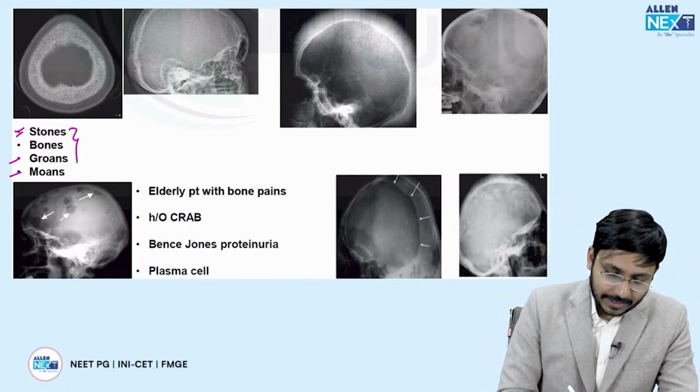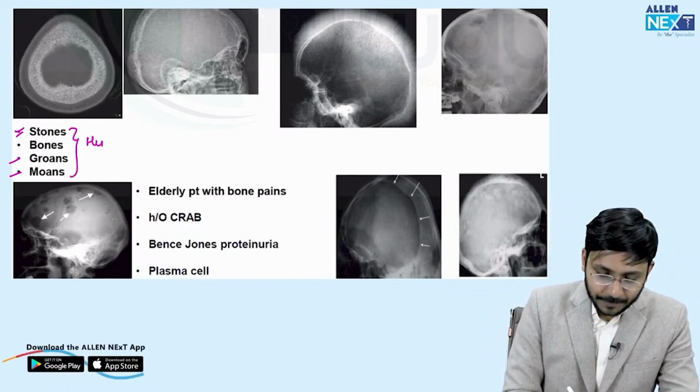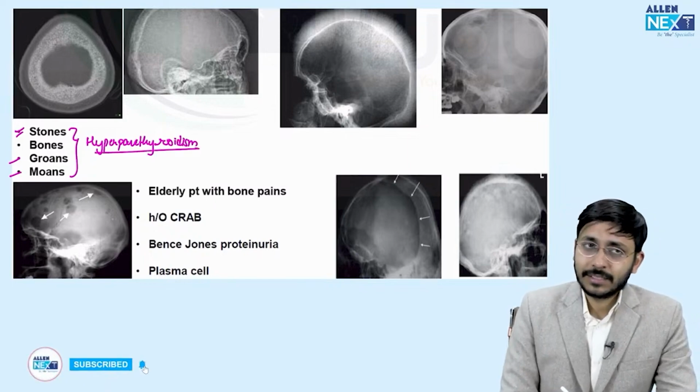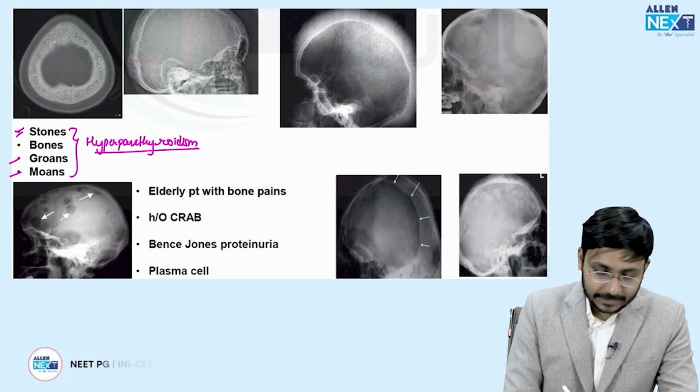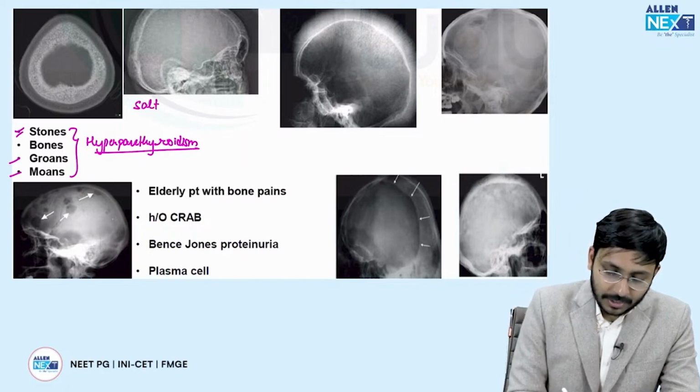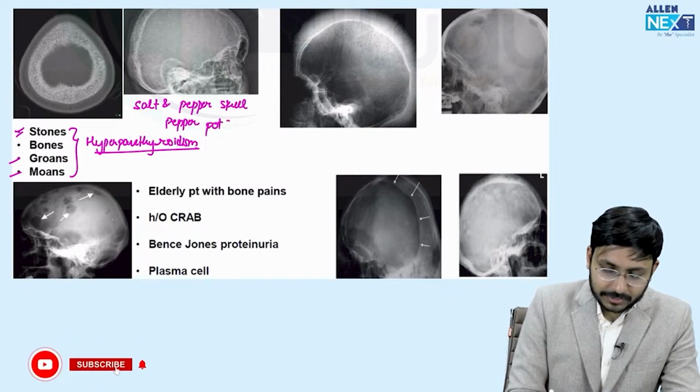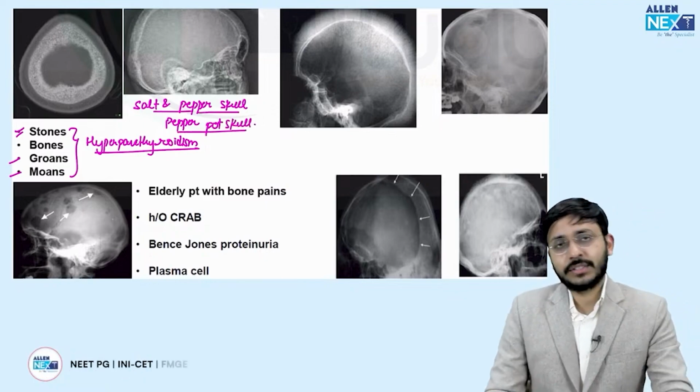So these are typical features which are described for hyperparathyroidism. And what is the appearance of skull that is seen in hyperparathyroidism? We call it salt and pepper skull, also known as pepper pot skull.